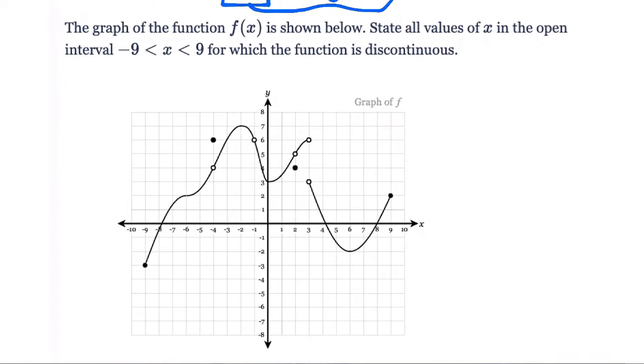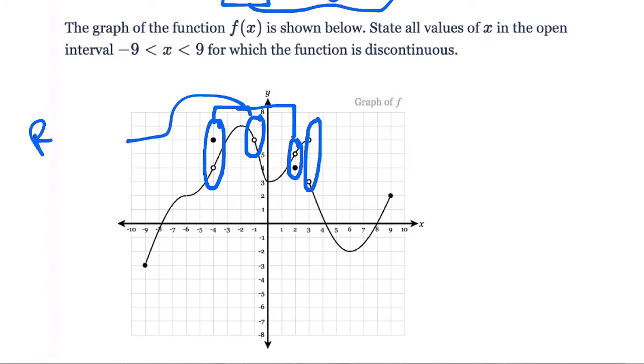State the values of x for which the function is discontinuous. And we're going to go a little bit further. We're going to talk about what kind of discontinuity. Clearly, there's discontinuity here, here, here, and here. So there's a bunch of places that are discontinuous. These three are what we might term removable.